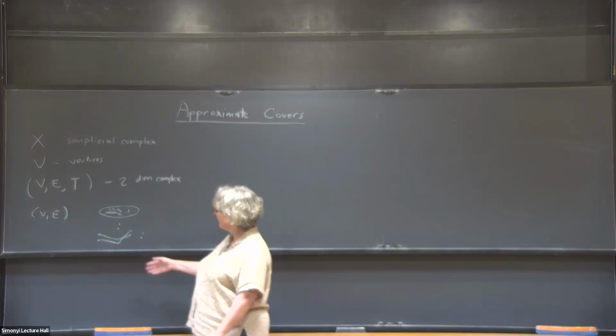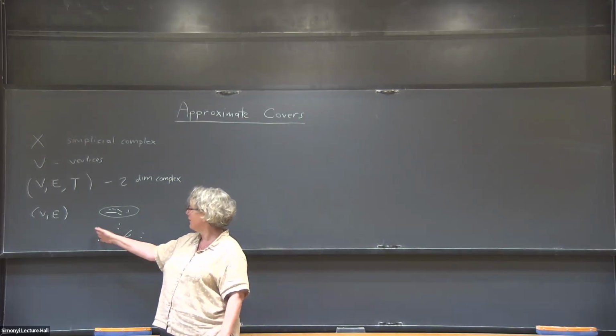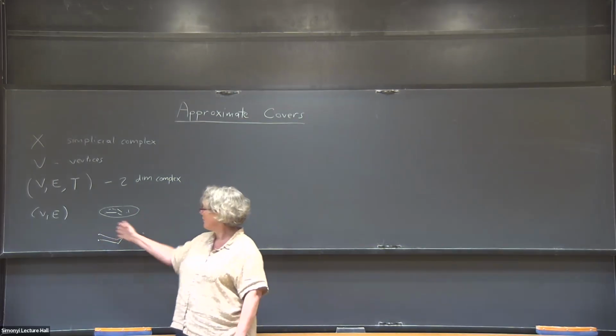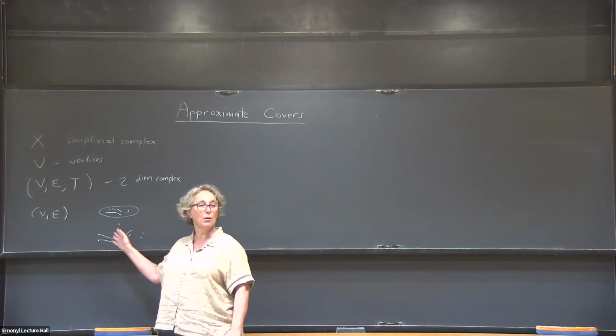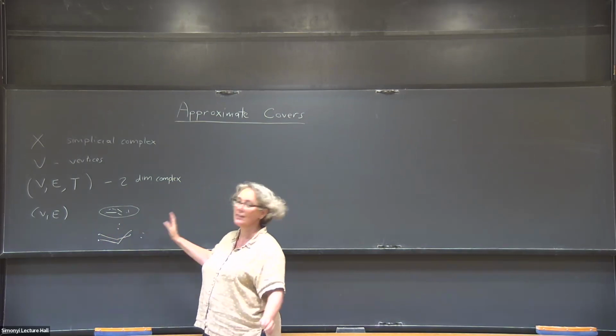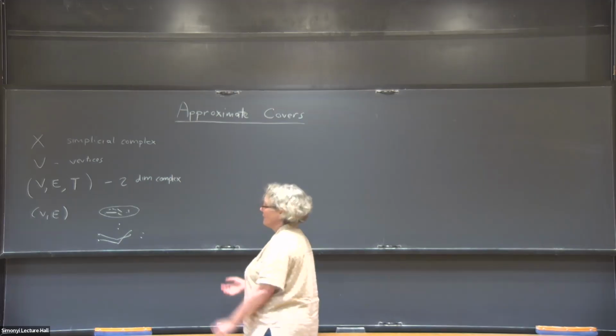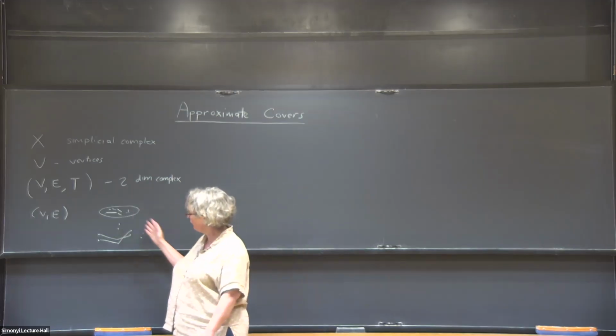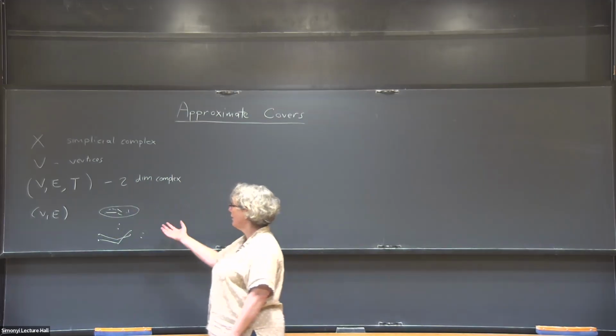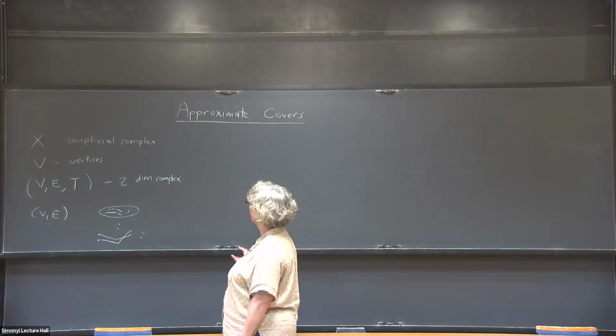If it's a T-cover, you just replace every vertex by T copies, and you put a matching on these T copies for every edge. So that's a T-lift. And there are no restrictions, so you're just free to choose these matchings however you want. You get a T-cover of your graph.